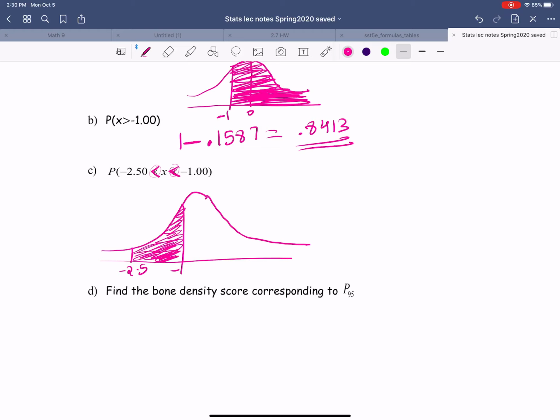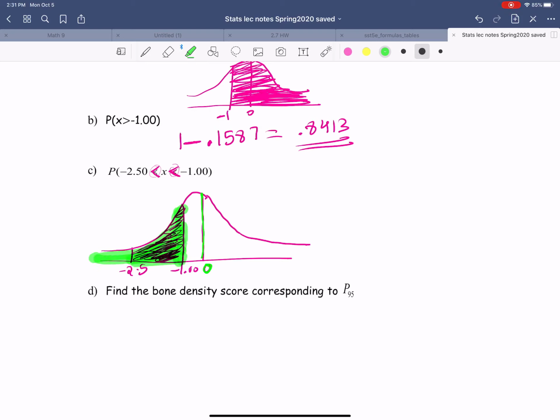Whenever you're looking for this shaded region, this is where your mean is, and that's just to show where the mean is. We don't need it in this problem. I'll have to find the area to the left of negative 1 and then the area to the left of negative 2.5, because the area to the left of negative 1 is going to be all this green area.